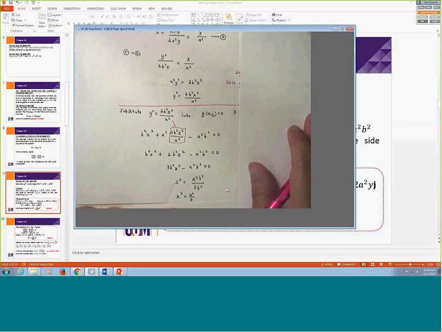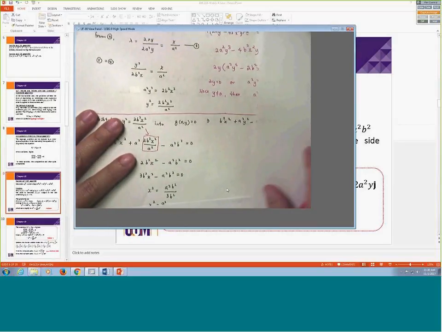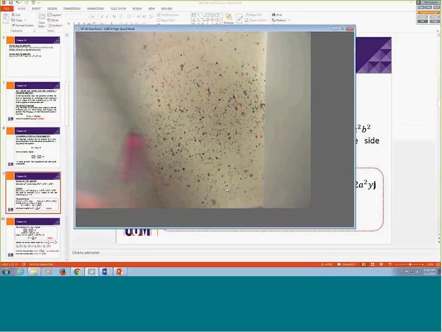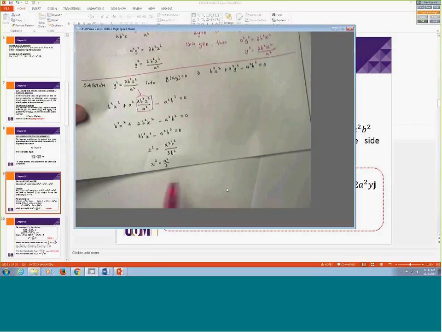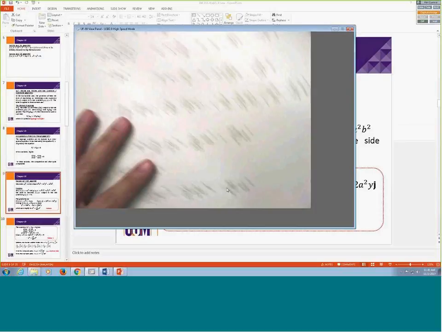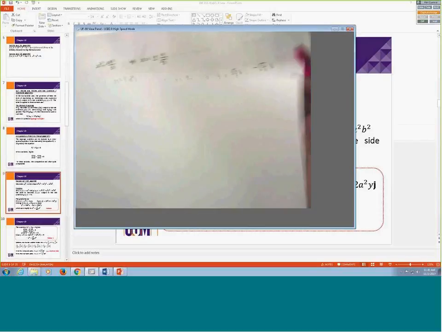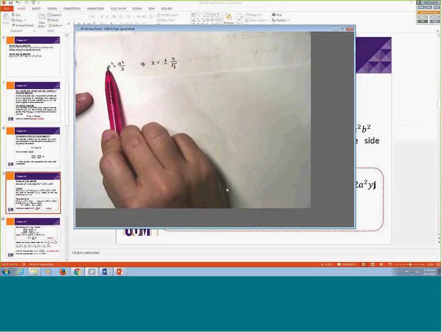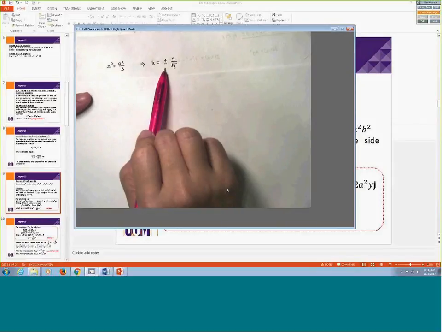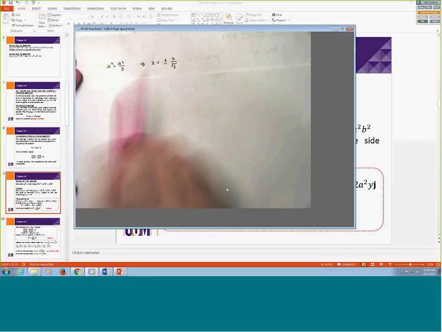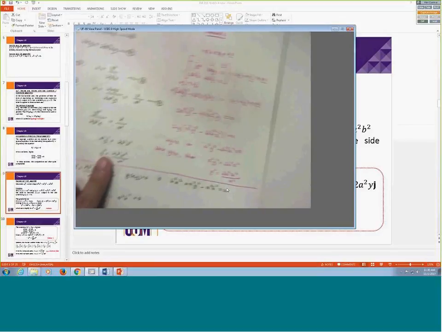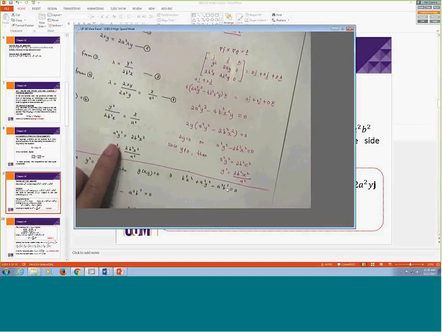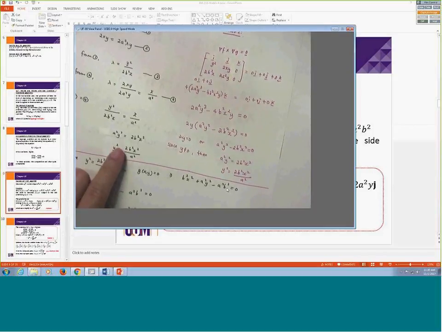Then we can substitute this x squared, where x squared equals a squared over 3. When I want to get x, because of the square, when we take the square root we have plus and minus, so we have two values. If you substitute this x into y squared here, when you take the square root you also get plus minus.